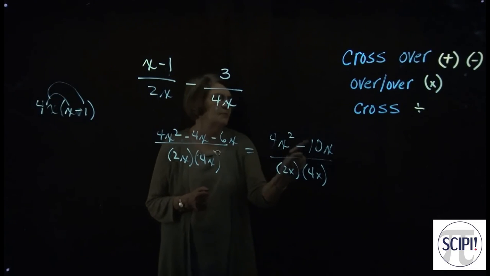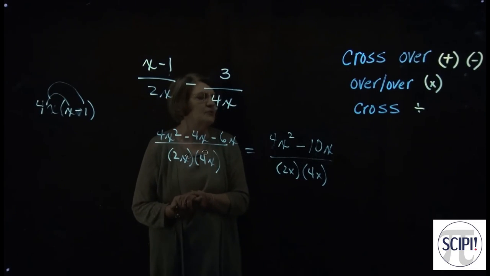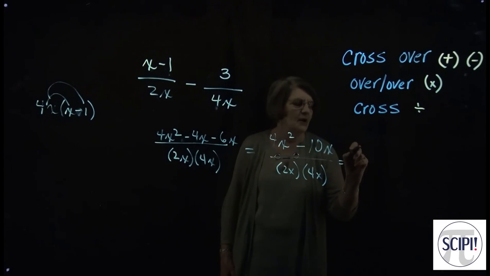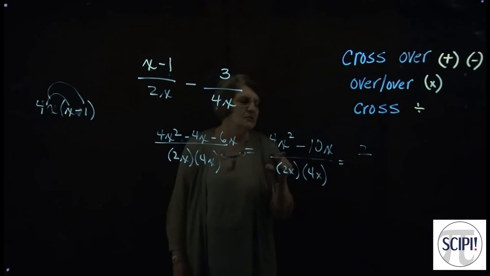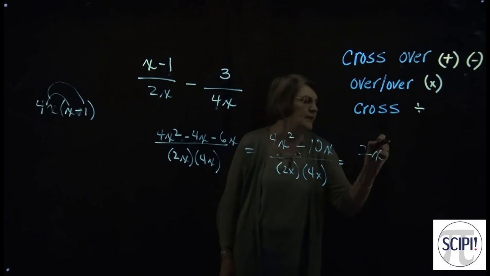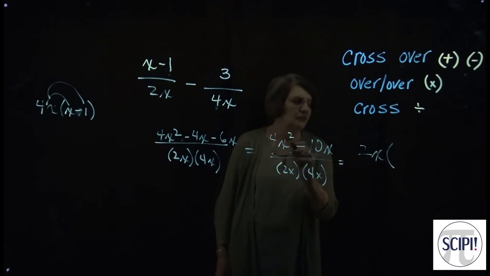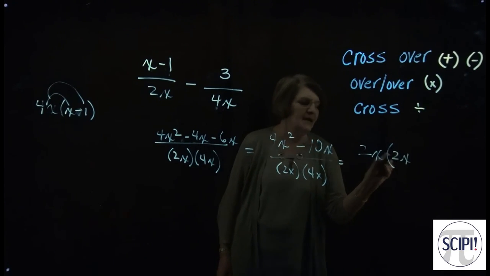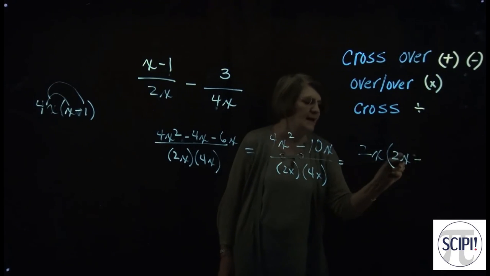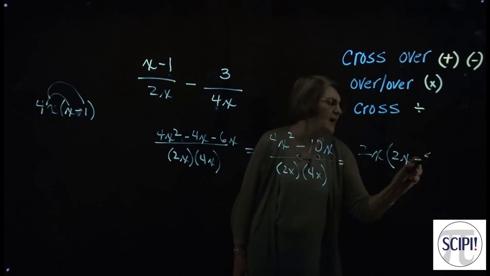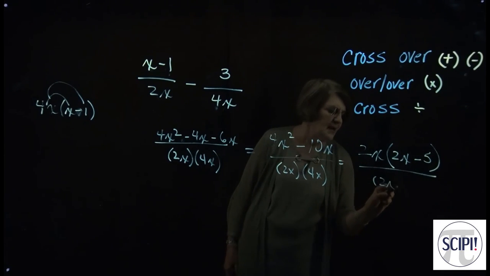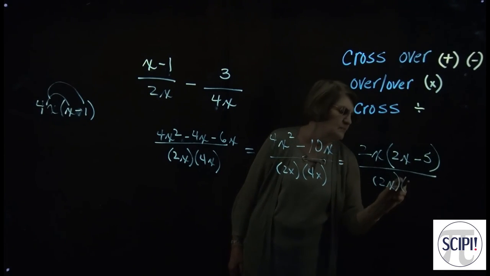We have an even number and an even number, and all even numbers are divisible by 2. Very good. So now I have 2, but I also have an x in common, which I want to take out. So inside, I have left 2x, because 2x times 2x gives me 4x squared, minus 5, over 2x times 4x.